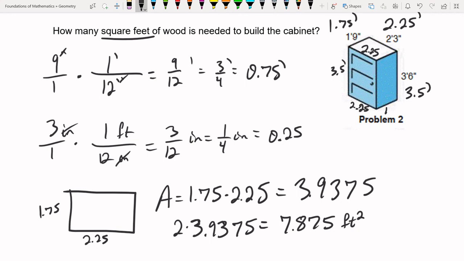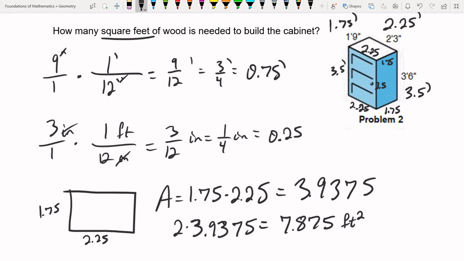This is going to be 1.75, 1.75. This is 3.5. You can see how all of the measurements around one side of the thing are the same. That's because it's actually called a prism, a three-dimensional figure, but we're looking only at the flat sides, which make a two-dimensional figure, which is a quadrilateral, namely a rectangle.